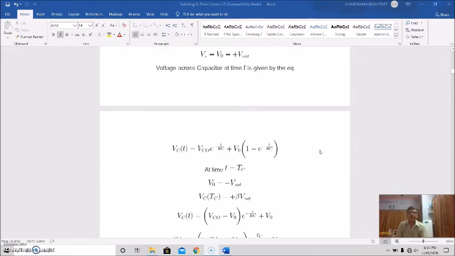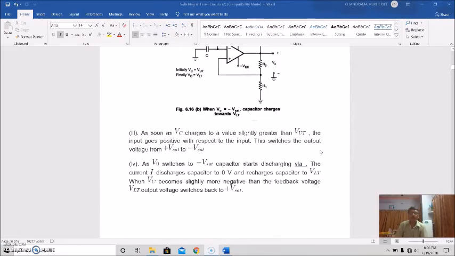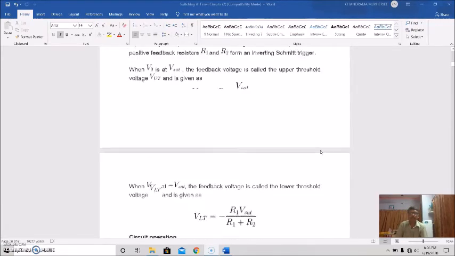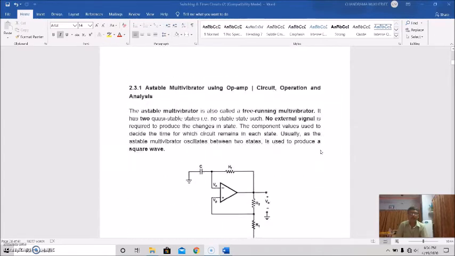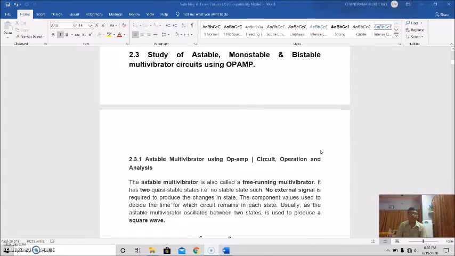So we have studied the astable, monostable, and bistable multivibrator circuits using op-amp.